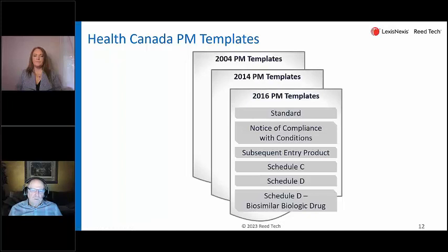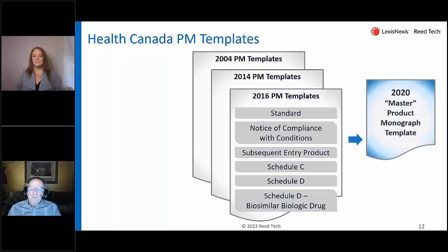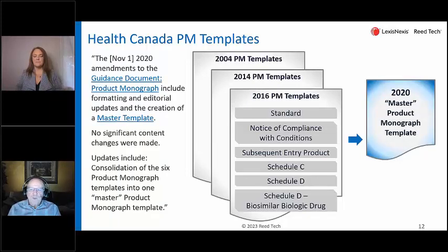When Health Canada elected to capture this information in XML, they originally thought, well, we'll accommodate all of these templates, and it got to be, I believe, we'll use the word nightmare, but it was just extremely tough to accommodate all those. So this kind of triggered, and there were other reasons in place, obviously, but Health Canada put in place a 2020 master product monograph template, and that's been used, trying to remember the time frame, a year and a half or so now.